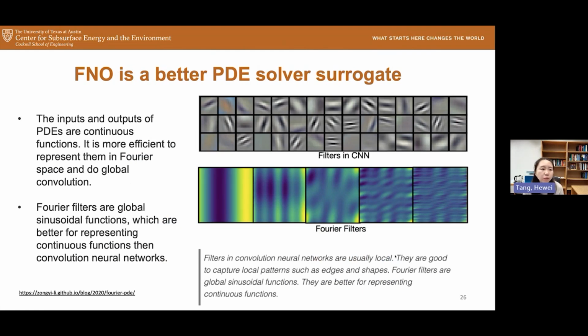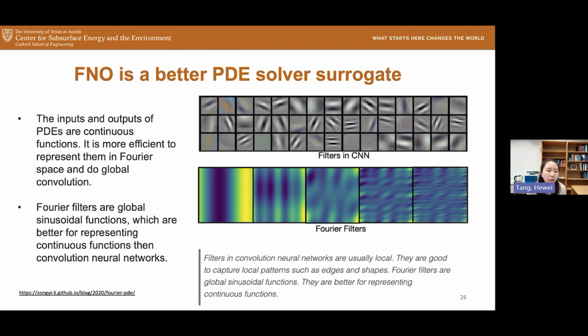So why do we think FNO is a better PDE surrogate? Since PDEs are very different from real-world images. Real-world images have a lot of edges and shapes, and they are well represented by the filters in CNNs, which can capture those edges and shapes well.